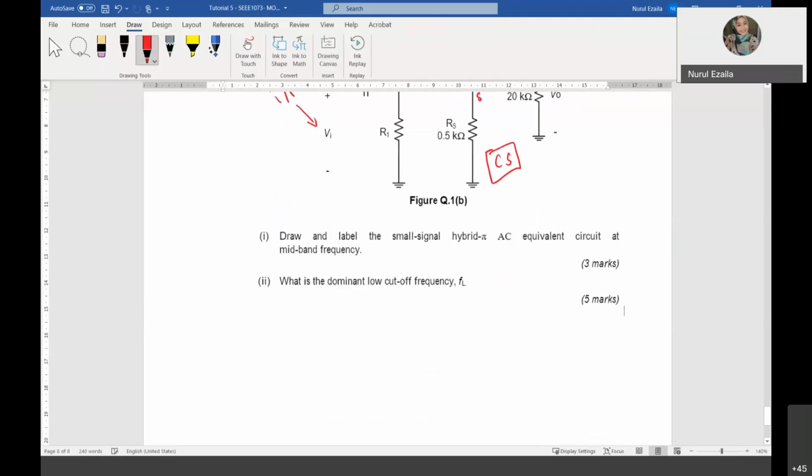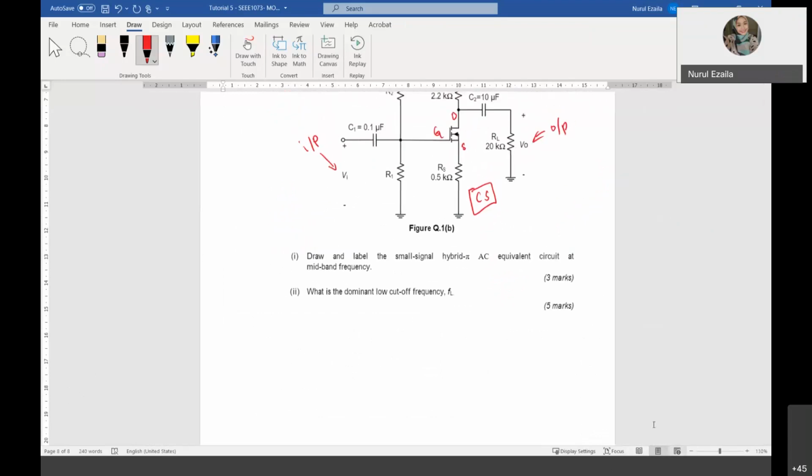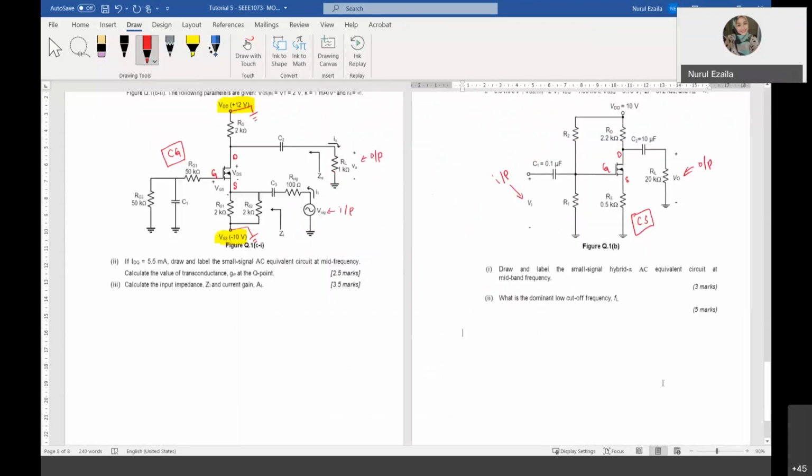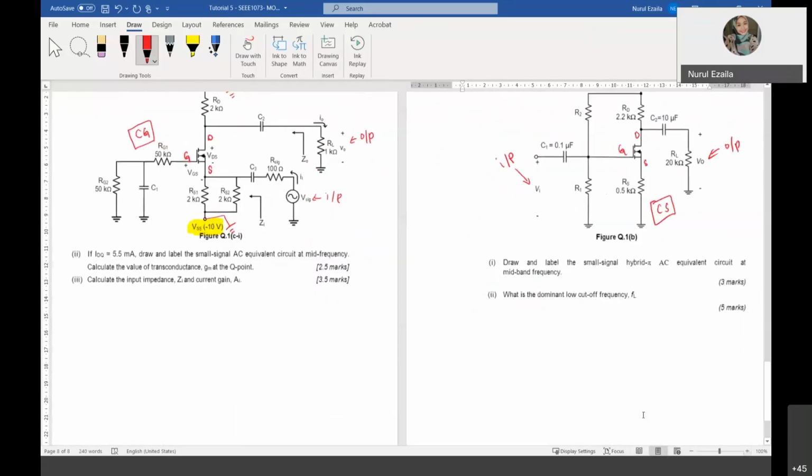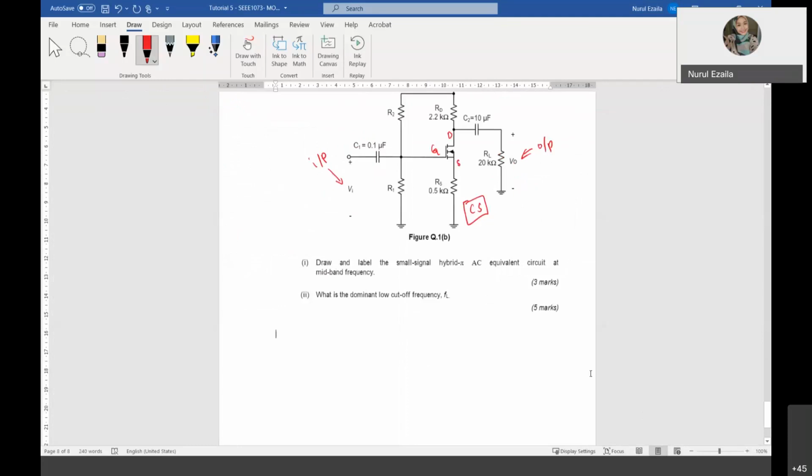So let's draw the AC equivalent circuit. Let me make it smaller. All right, just like that. In here, you need to draw the AC equivalent circuit.